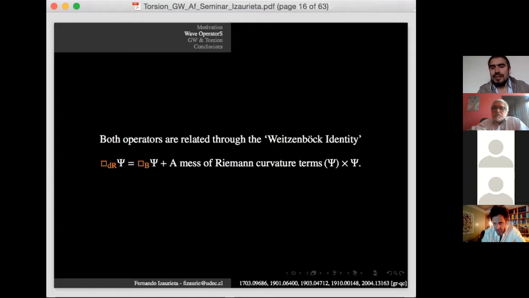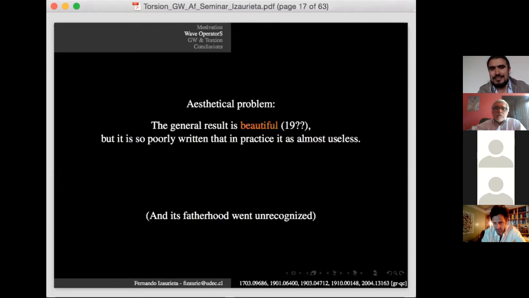Both operators are related through something very strange, which is called the Weitzenböck identity, which has this general form. It is a beautiful result, but in general, you will find it so poorly written that it is almost useless in the literature. So it is an aesthetical problem we have to solve first.